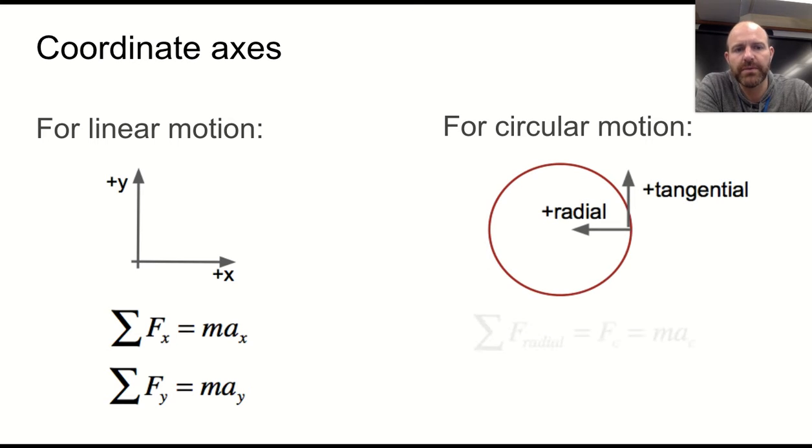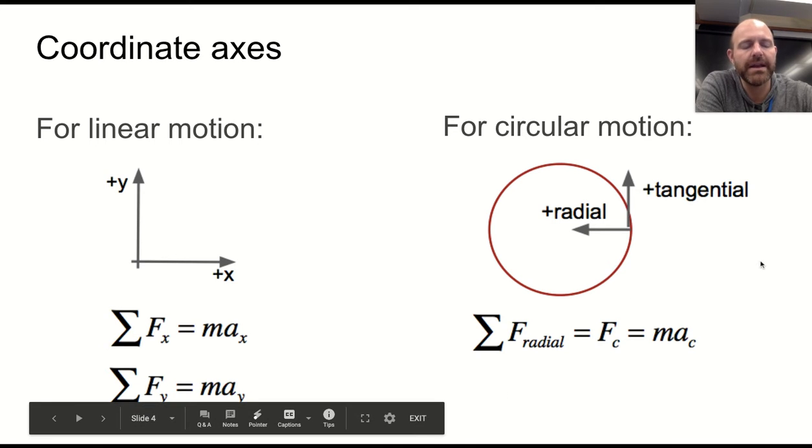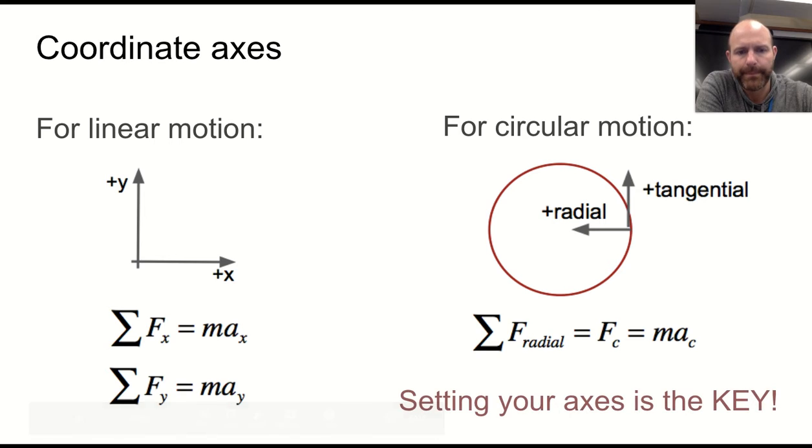In circular motion, we have radial and tangential, and you can't see the perpendicular in this picture because it would be coming out of the page at us. The one we really care about most of the time is the radial component, because the sum of the forces in the radial direction is what we call centripetal force, and that is equal to the mass times the centripetal acceleration. Really just restating Newton's laws in a different dimension.